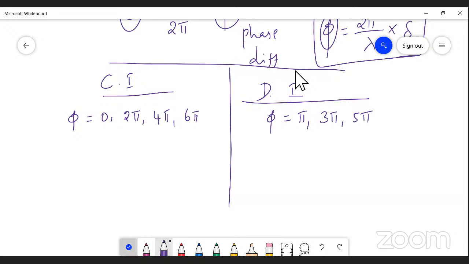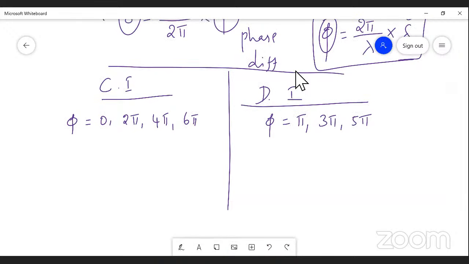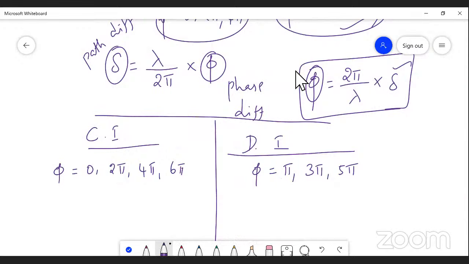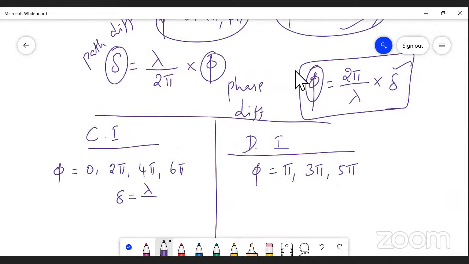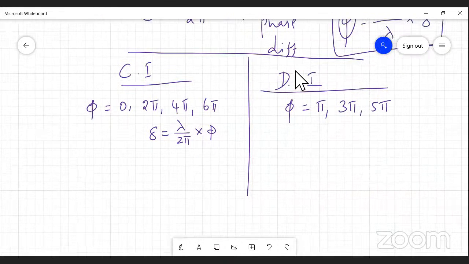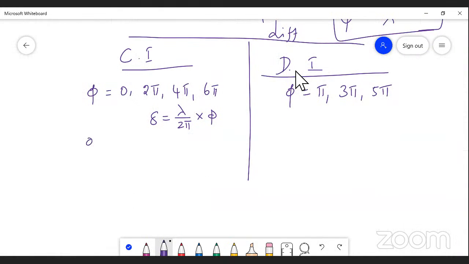You know the path difference formula: delta is equal to lambda divided by 2 pi into phi, where phi is the phase difference. If phi is equal to 0, delta is also 0. If phi is equal to 2 pi, delta is equal to lambda divided by 2 pi into 2 pi.